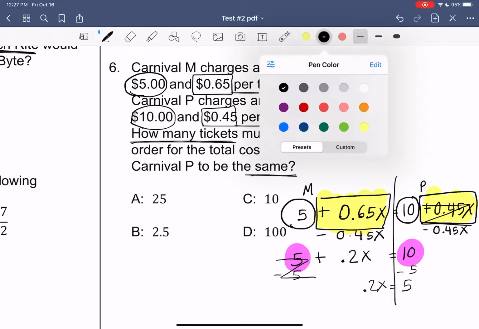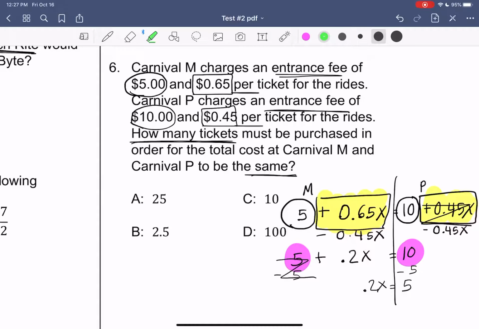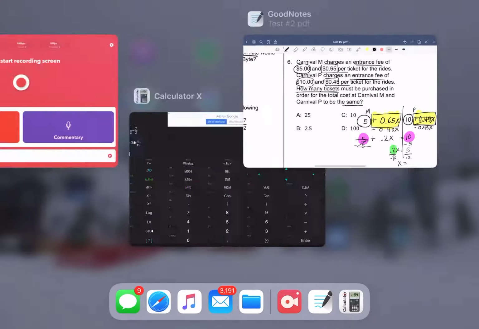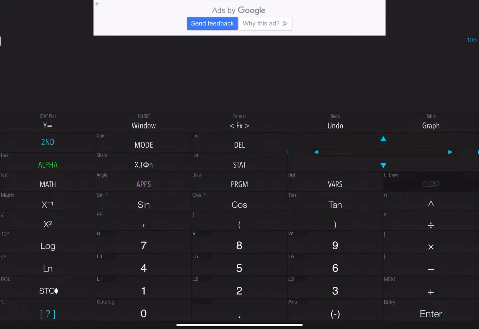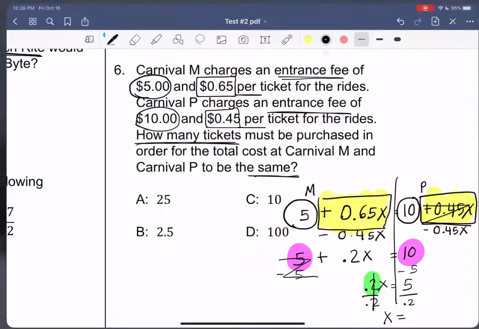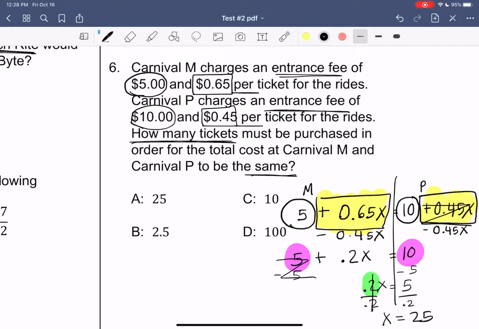And our coefficient here is 0.2. So what we'll do is divide both sides by 0.2. Over here will become 1, and we'll be left with x equals, and go to my calculator, 5 divided by 0.2. And we'll get our answer of 25.